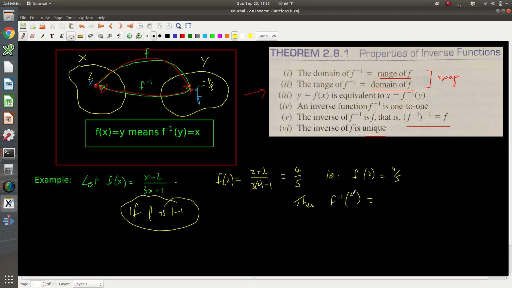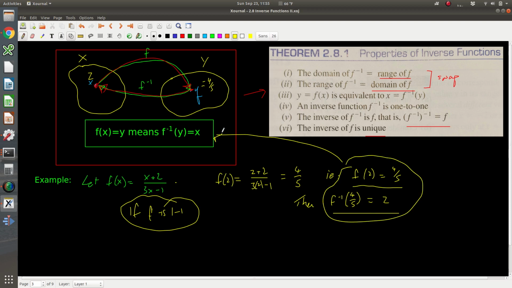So if we plug 4/5 into the inverse function, it should produce 2. This is precisely the idea expressed up here more generally: if f of x is y, then f inverse of y is x. We know f of 2 is 4/5, so f inverse of 4/5 must be 2.